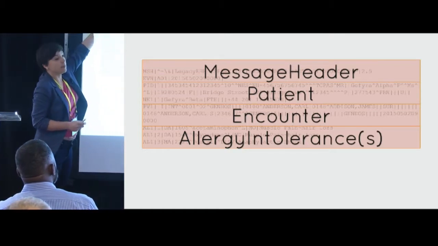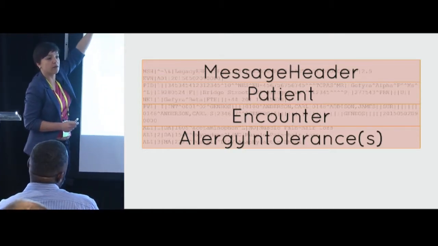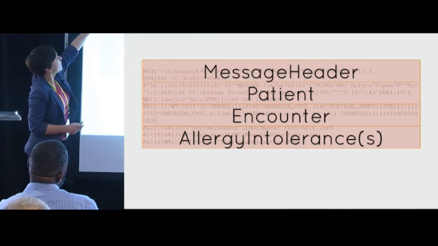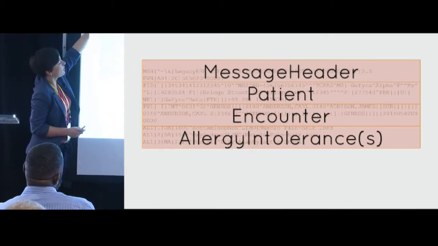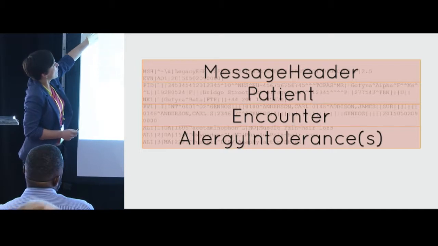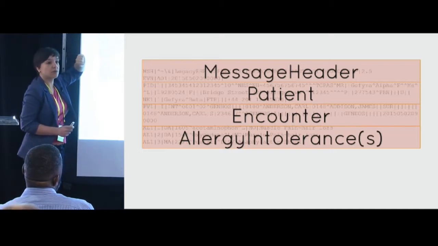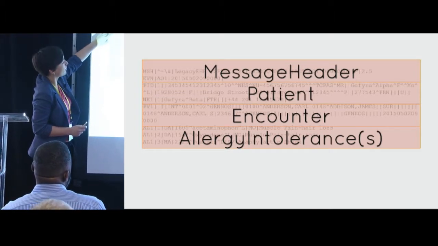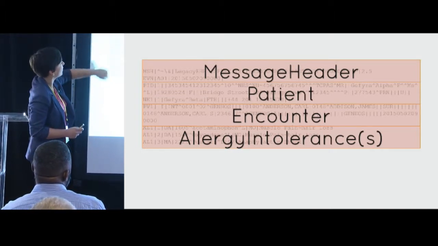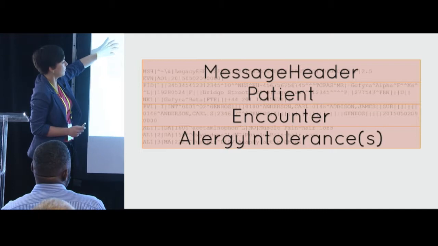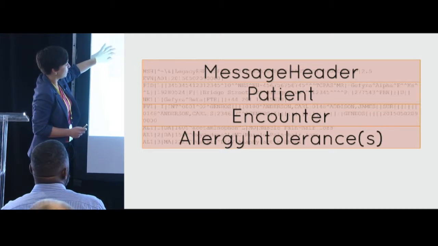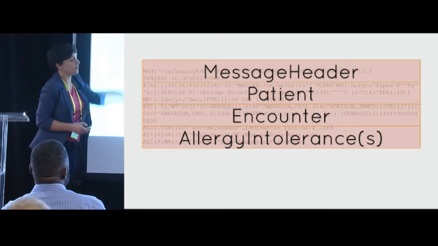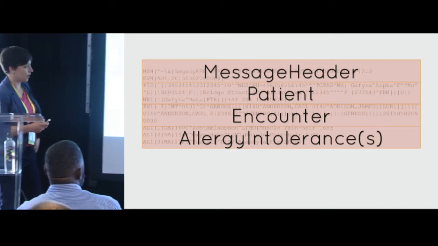First of all, we have the message header resource that has all the message metadata and even the event metadata. We have obviously a patient resource that we could populate with the patient information and the next of kin that we can gather from this message. We have an encounter, which is the patient visit, and we have a couple of allergy intolerance resources in there.